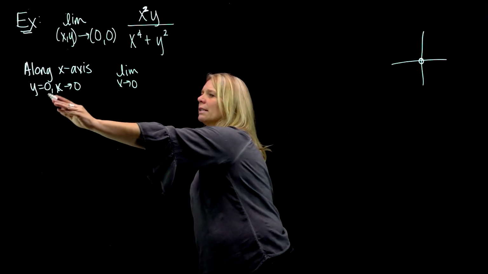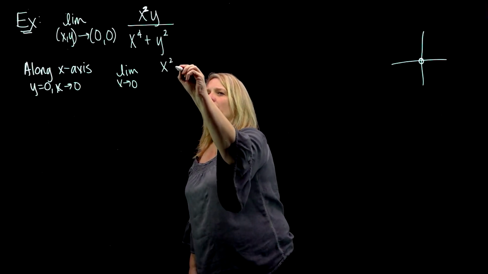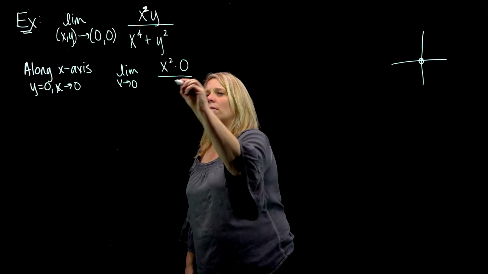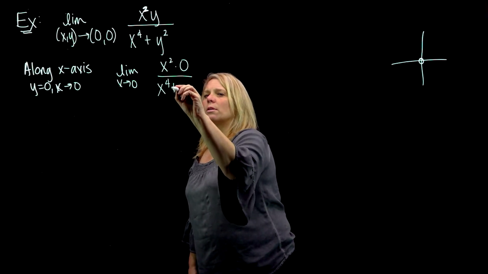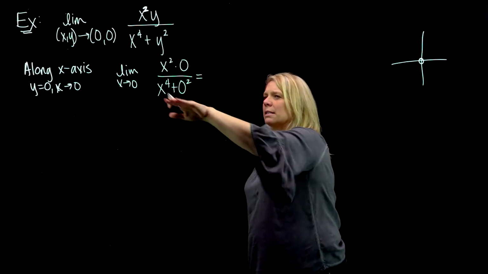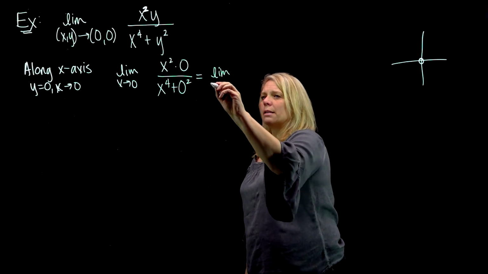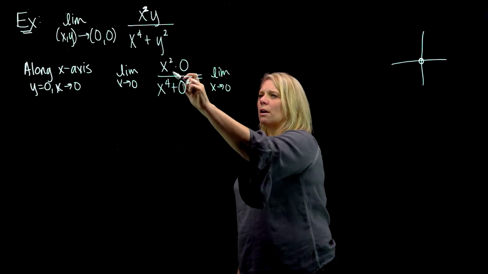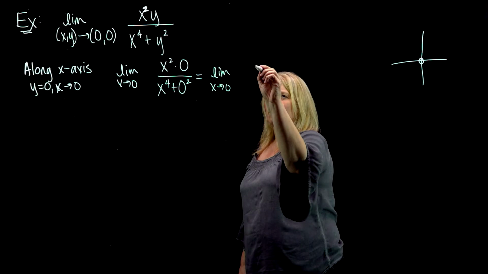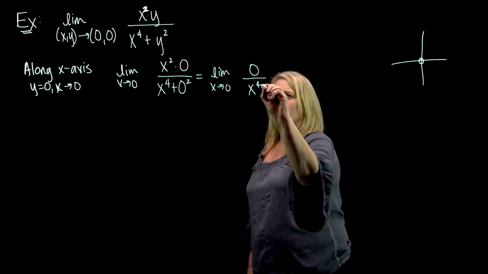And remember, y is actually equal to 0. So on the numerator, we'll have x squared times 0 over x to the 4th plus 0 squared. I'm going to simplify on this function and then worry about the limit at the end. So the numerator will just be 0, and on the denominator, I'll have x to the 4th.